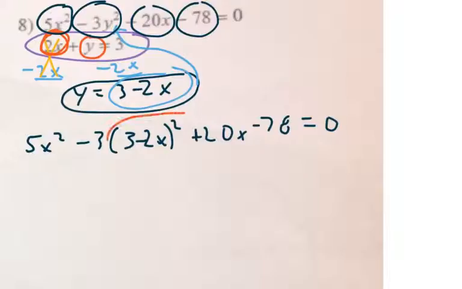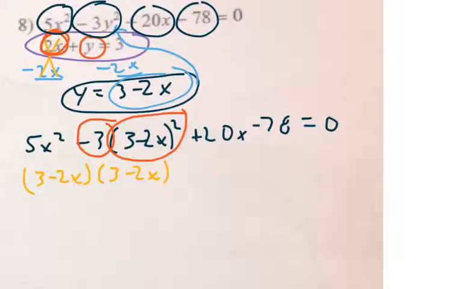Of course, we're going to follow PEMDAS and do the power first. Then we do the negative 3 next, distribute that, and finally combine like terms. Remember what I told you before: take the time to write out your squared problem. So I'm going to do the squared problem right here.